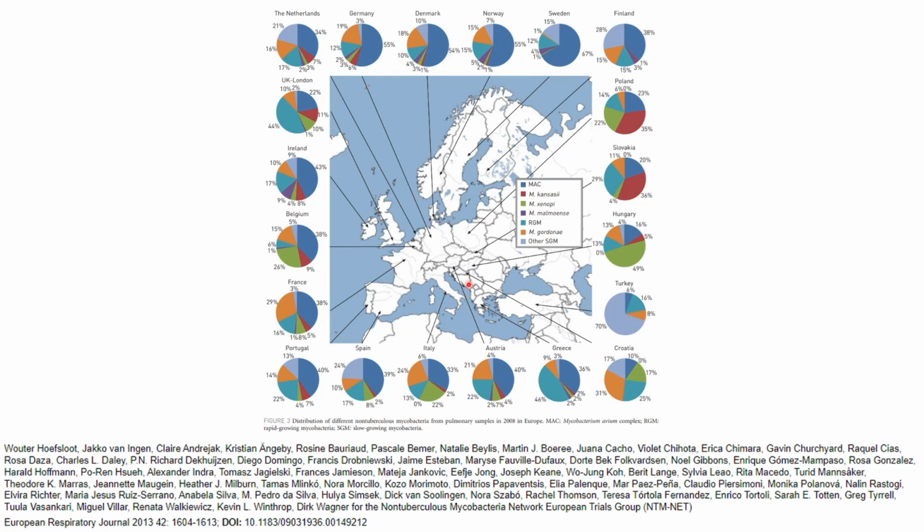And the relevant takeaway from this is that even in neighboring countries, the prevalence in these samples can be quite different. So in some places, MAC might be the predominant species, but in others, it's not. So for example, if you look at Austria, 40% of cases are due to MAC, which is this dark blue color. But in neighboring Hungary, it only accounts for 16%, and the majority of cases are due to M. genopi.